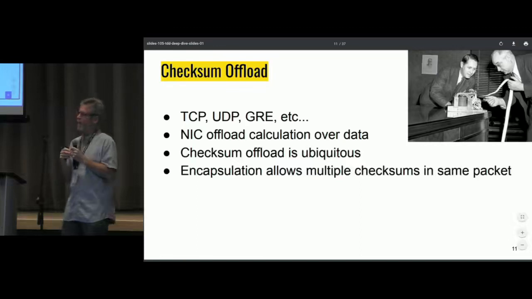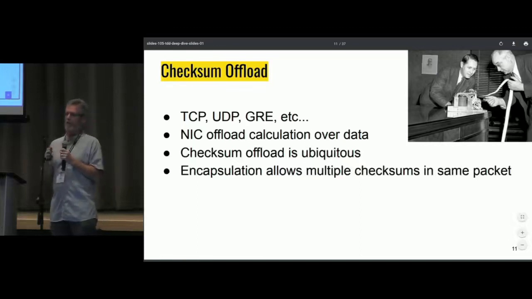An interesting twist that's a little bit recent is encapsulation. What we found is that, say, IP and IP encapsulation, or particularly UDP-based encapsulations, actually can have multiple transport protocols per packet that contain their own checksum.